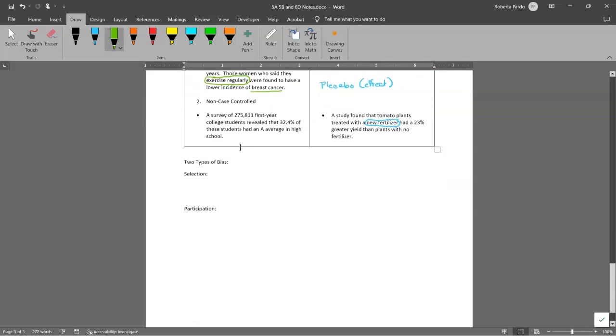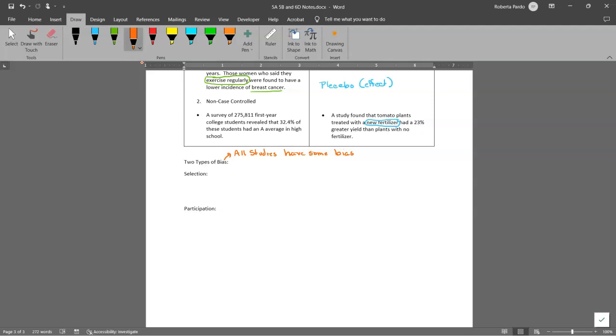And then we also want to talk a little bit about bias. First off, we want to make sure we mention that all studies have bias. There is no bias-free study. And bias is fine because it's always going to happen because we always have people performing the study, humans interacting with the experiment, whatever it has to be. And so bias will always exist.